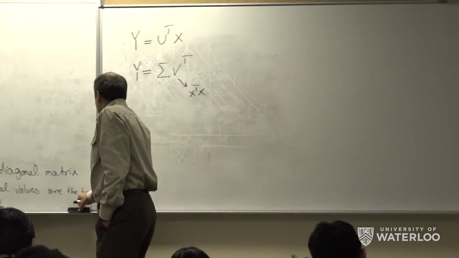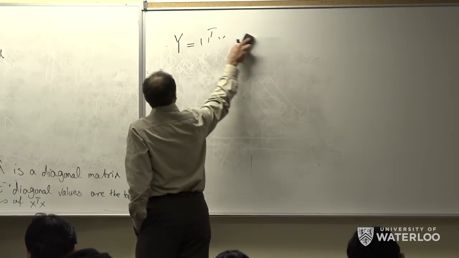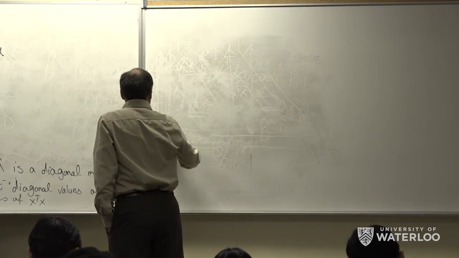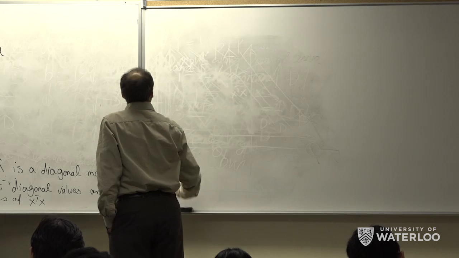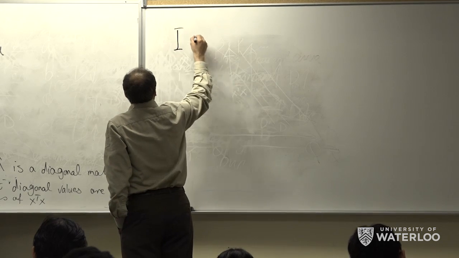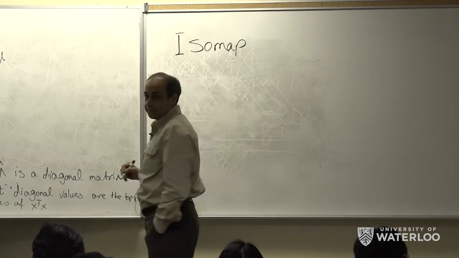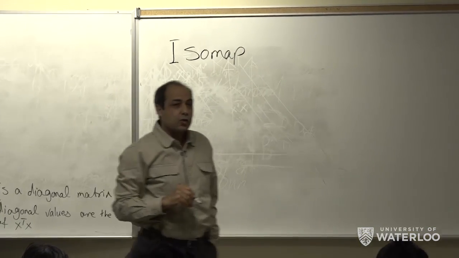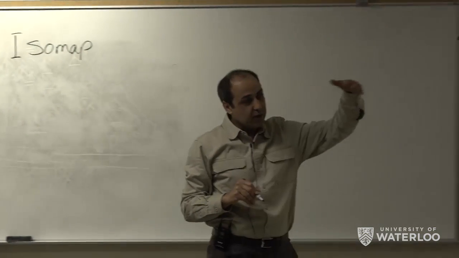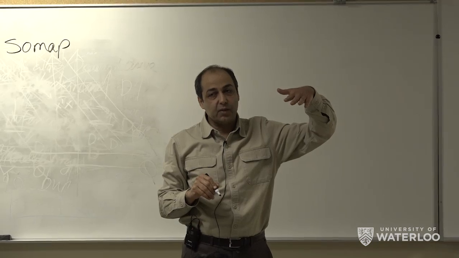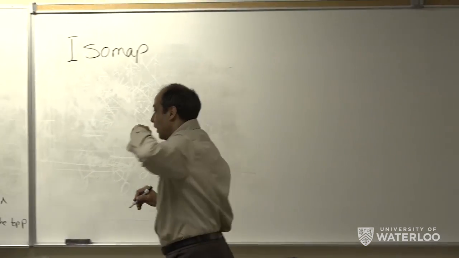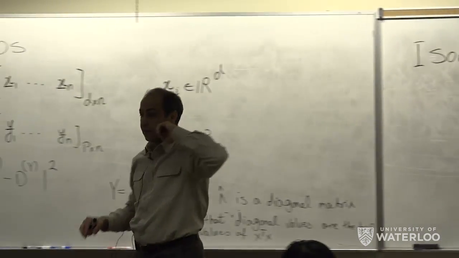So today, I'm going to introduce a new algorithm to you, which is called Isomap. So far, all dimensionality reduction algorithms that we talked about are taking care of subspaces.